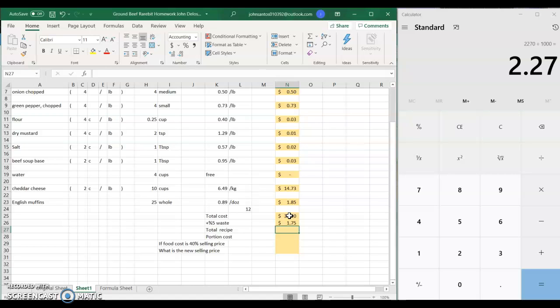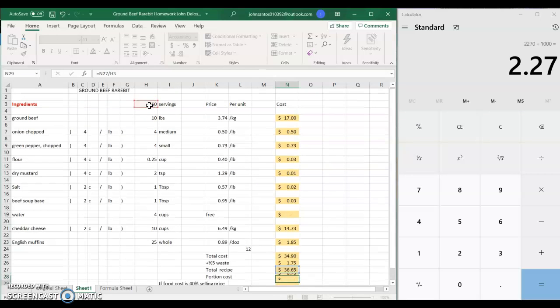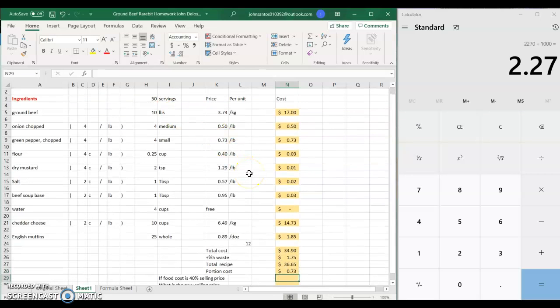And for you to get the total recipe, you just simply have to add the total cost plus the 5% waste. That will be 36.65. For you to get the portion cost, you have to divide the total recipe by the number of servings, which is 50. And that will get you 73 cents.